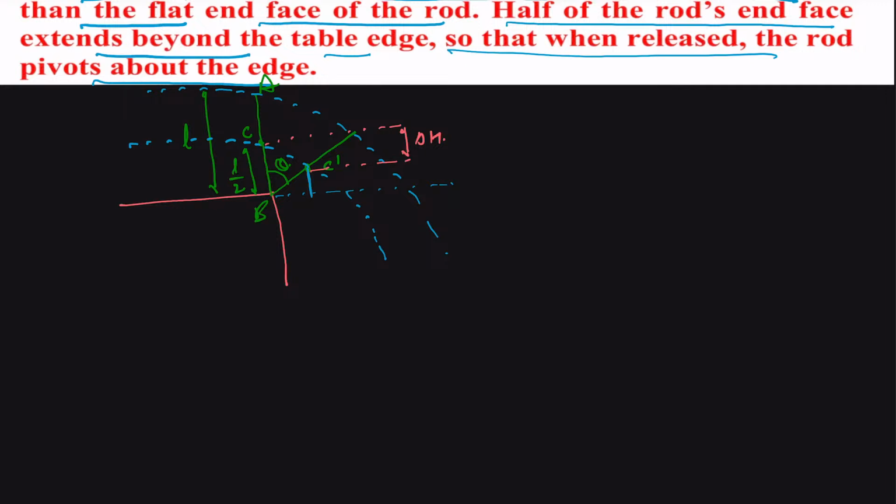So this is our point B, and this is our C prime. So we are going to have this length L by 2, and with the vertical it is angle of theta. So with the horizontal it is going to have 90 minus theta. Okay. And we are interested in finding out this particular height.